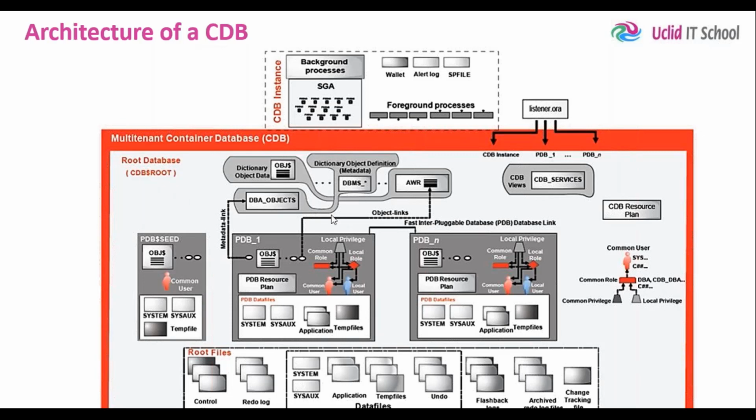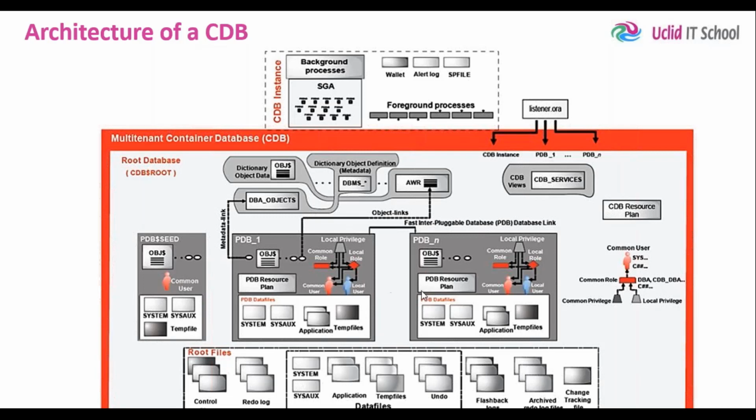A container database has many databases. You have the root database, which is there in every container database. Root database has a fixed name, CDB$ROOT, and you have PDBs. And you have a PDB called seed PDB. Again, seed PDB is Oracle created, and it is created in every container database.